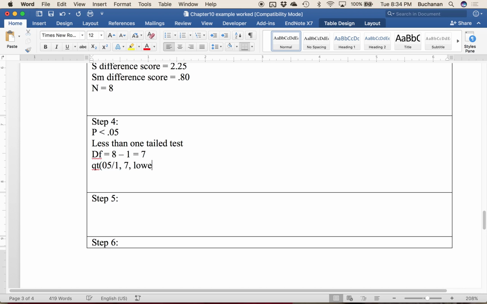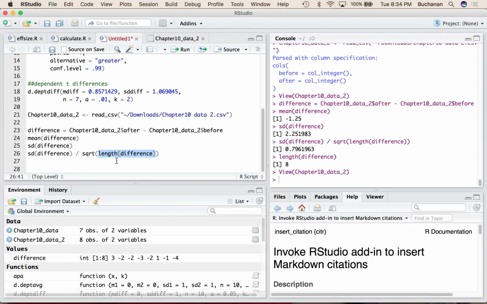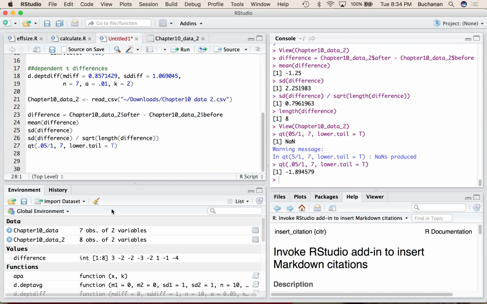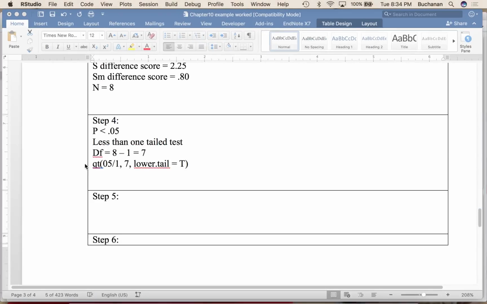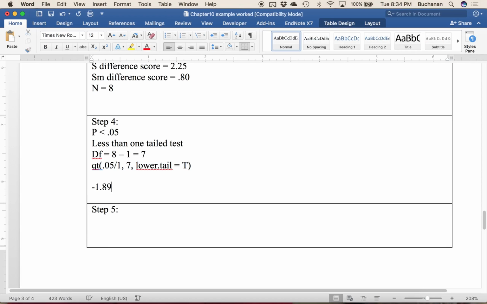Lower tail equals true, because I want a less than test. Oh, sorry, 0.05. I missed a decimal here. There we go. Sneaky decimal. So that's negative 1.89.